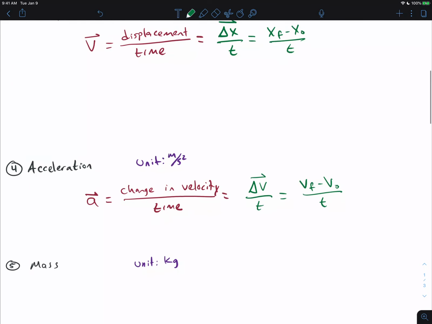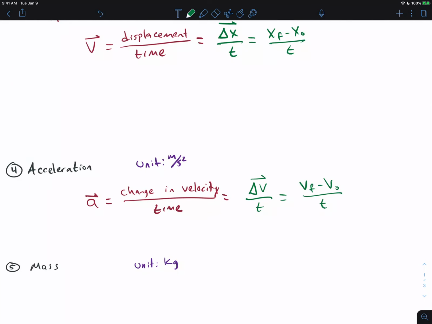So I'll write this out: the change in meters per second, every second.